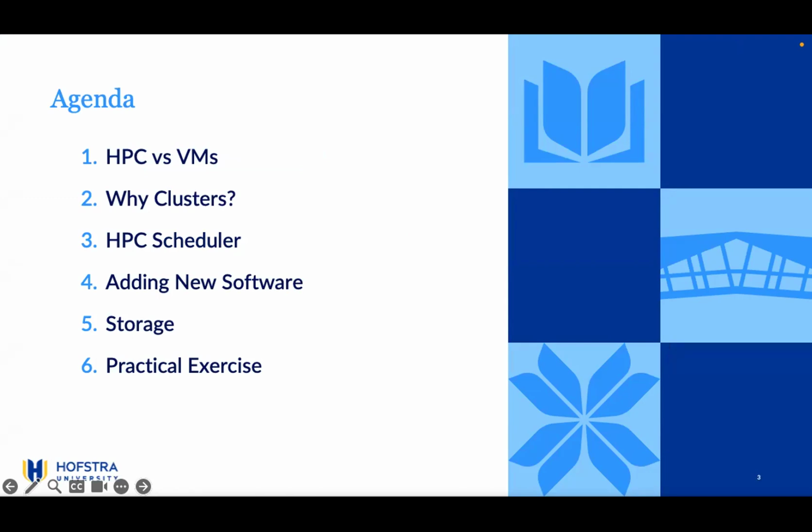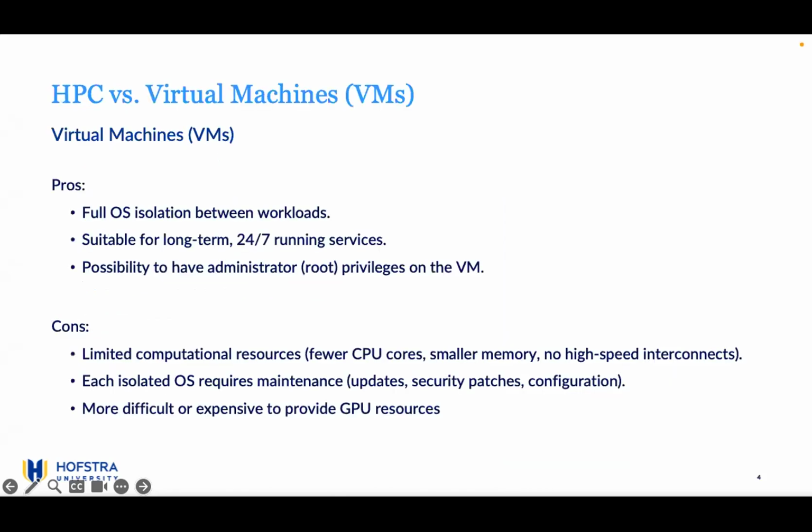My presentation divided into several parts. Here you can see 6 parts, but there are 2 main parts. First of all, it's a theoretical part, and the second is the practical part. For understanding what HPC is, let's compare HPC with classic virtual machines.